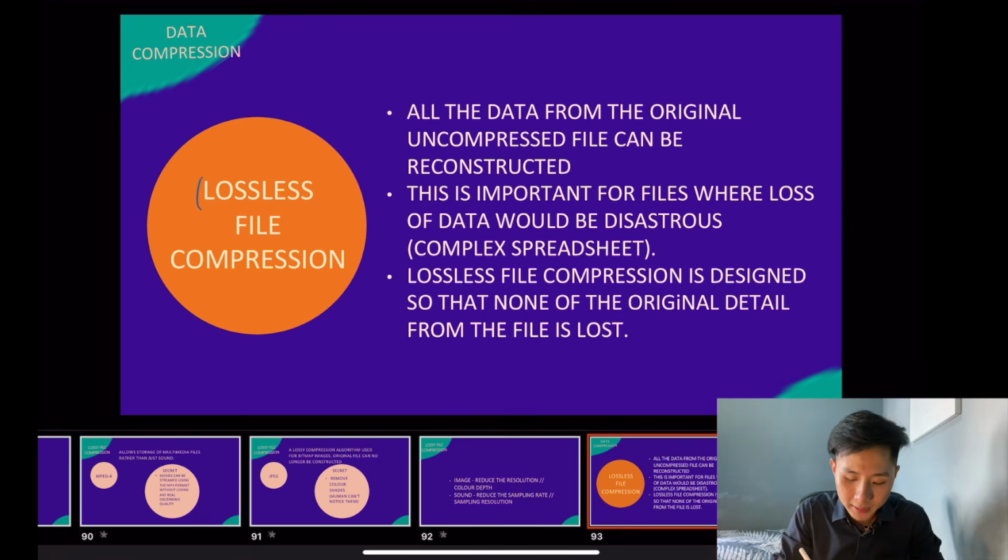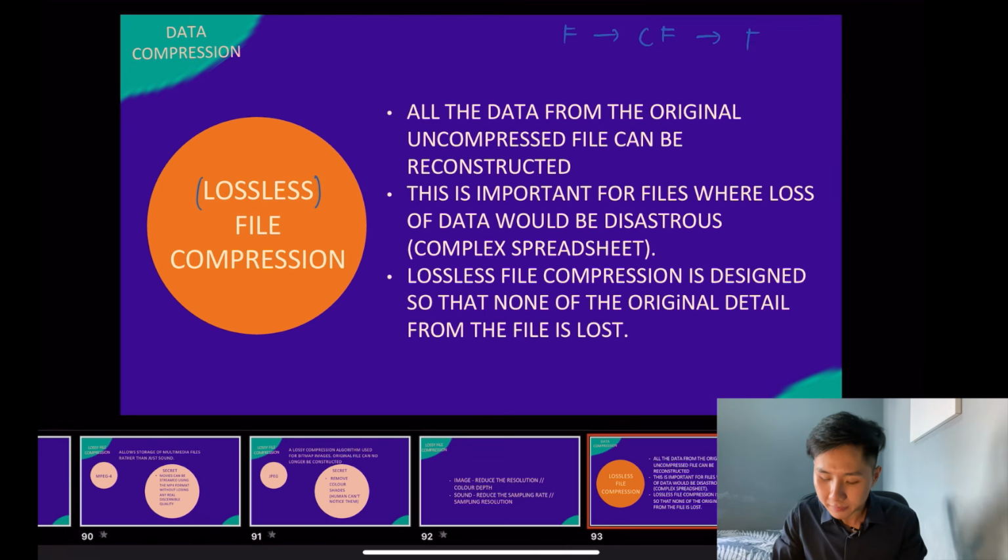As implied by the name, once you compress it, you won't lose any data. All the data from the original uncompressed file can be reconstructed. If you have a file F, you compress it to CF, the compressed file, you can reconstruct it back to F.